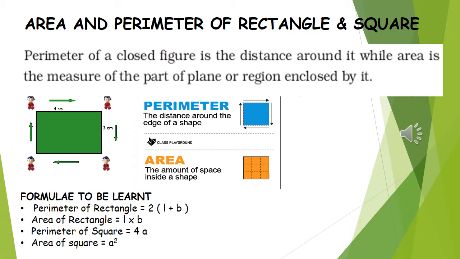In the first figure, we can see a boy walking around a rectangular field. Whenever he is walking around a field, he is walking along the boundary, and the length of the boundary is nothing but the perimeter. But the space enclosed inside the two-dimensional figure is known as area.